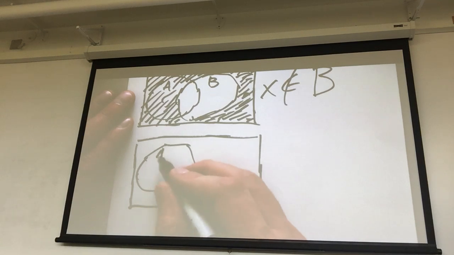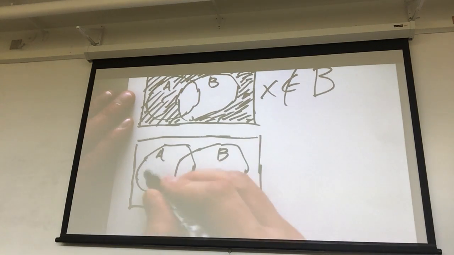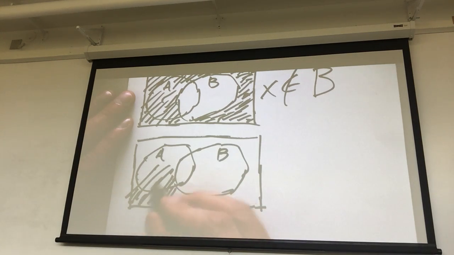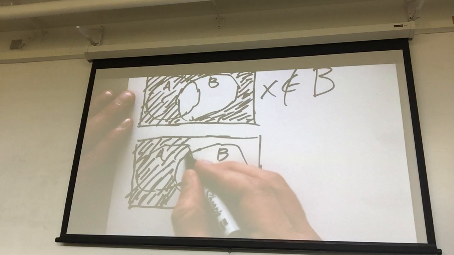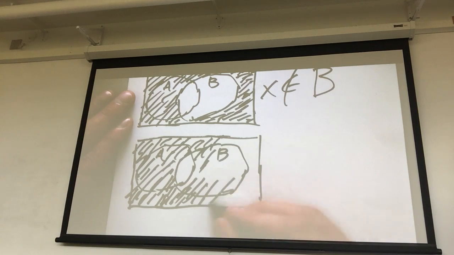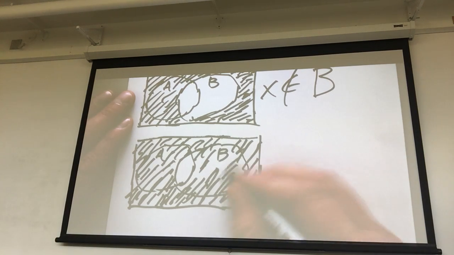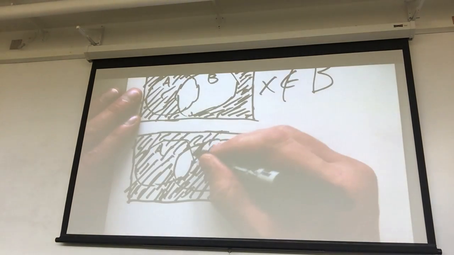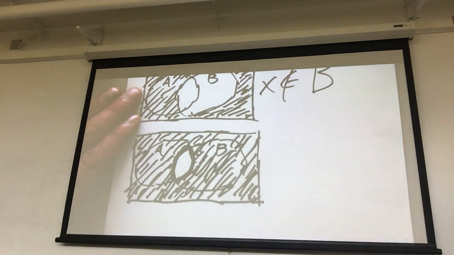A right there, with B right there. Okay, let's highlight this intersection right here. Okay.